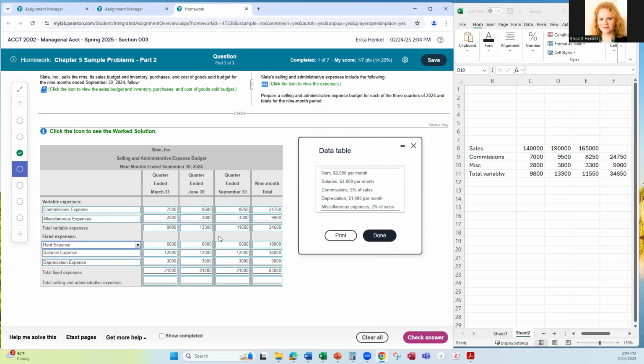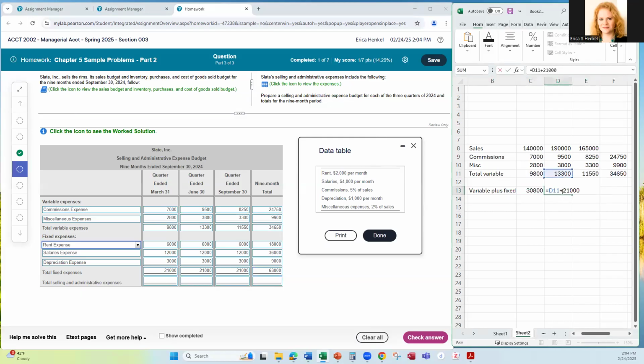Okay, I got that. And then the total selling and administrative expenses are going to be the variable plus the fixed, the 21,000 per month for fixed.